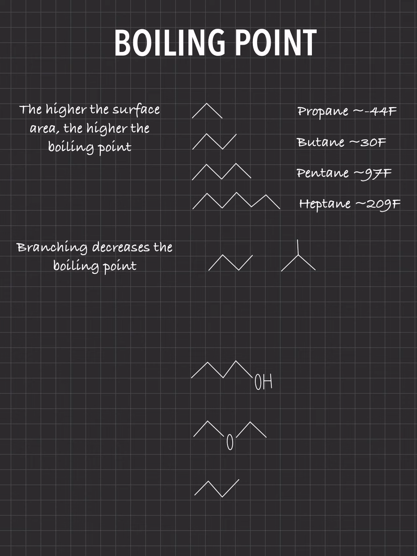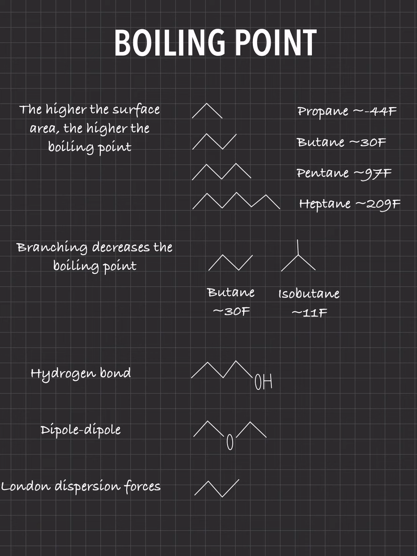That's why branching decreases the boiling point. Just to prove it to you, butane is around 30 F and isobutane is around 11 Fahrenheit.